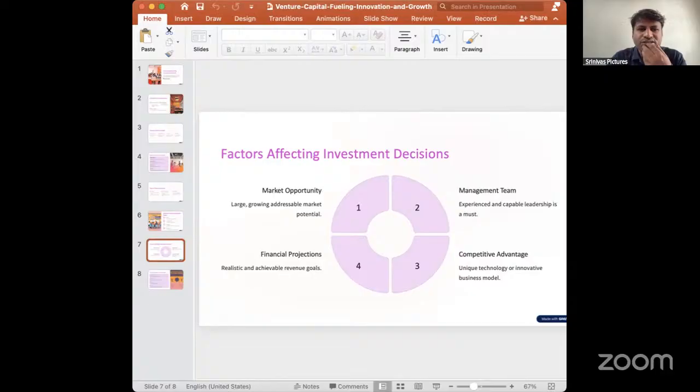The hands-on style management will normally involve representation on the board. It would involve very active interaction between the entrepreneur and venture capitalist. An attempt is made to provide value added services: the advisory role, active involvement in marketing, recruitment and finding technology collaborators. It will be kind of an active participation between the two.